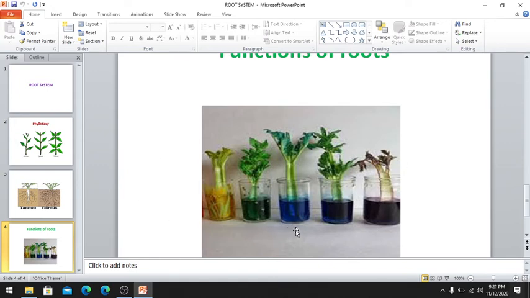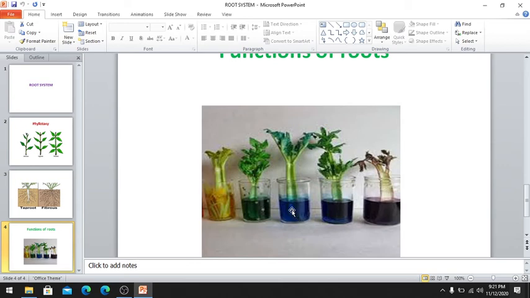Take a radish, better because it will be white in color. Take any colored water, fill half the beaker with water and add either red, orange or blue ink in that, and keep the radish inside this colored water.